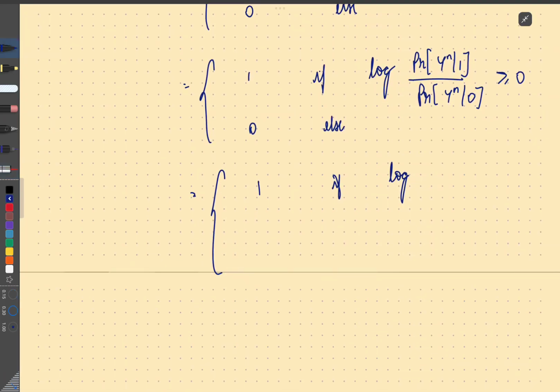So this is nothing but the product i equal to 1 to n of P1 of yi. Similarly, if the true hypothesis was 0, then the distribution is the product i equal to 1 to n of P0 of yi.